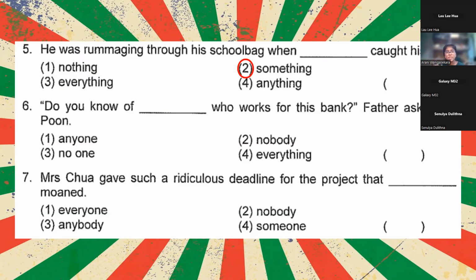One specific thing caught his eye. So you can't really say everything because when you say everything, you're talking about a lot of things. And why can't you use anything? Yeah, again, it's the same reason. You can't use anything because one specific thing caught his eye. And again, it doesn't match the sentence.